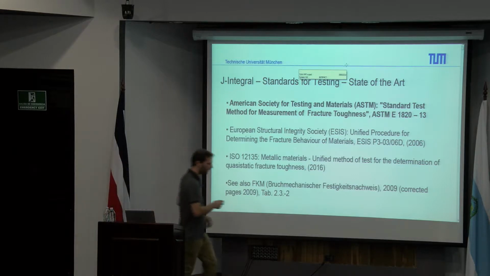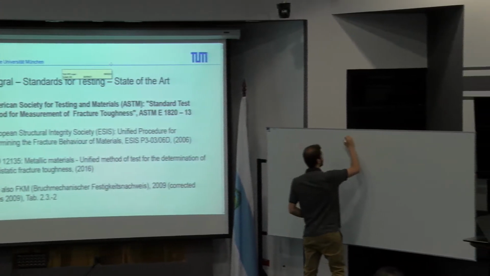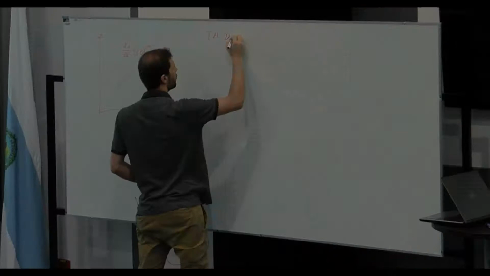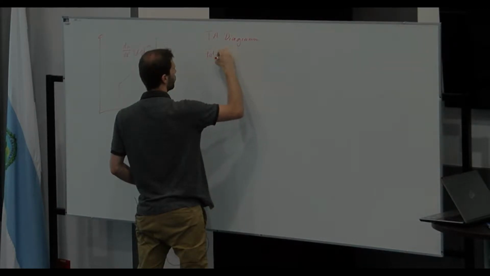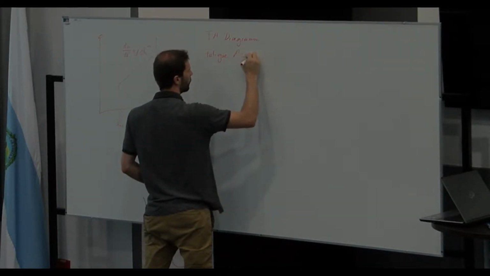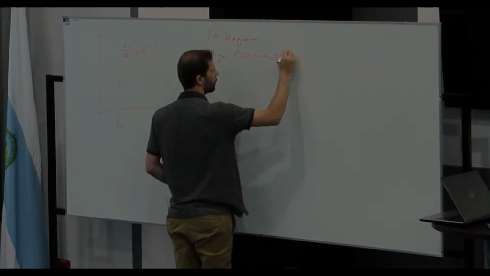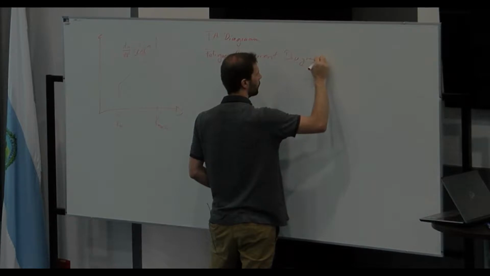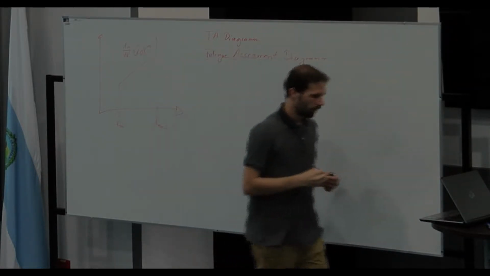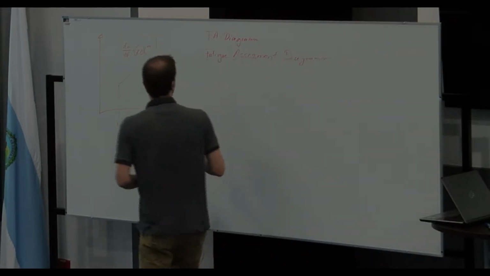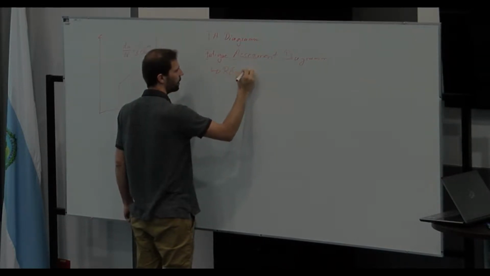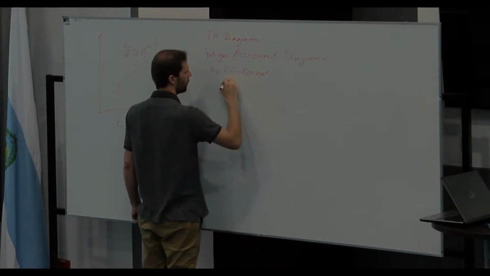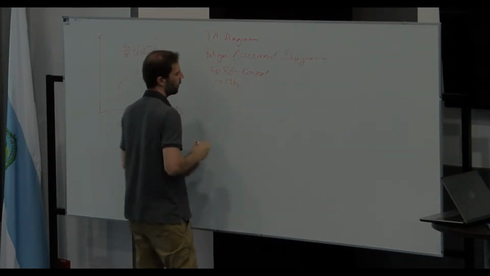So this is called the fatigue assessment diagram, or FAD, and this basically goes back to the R6 concept, which was at first done by Mathias.